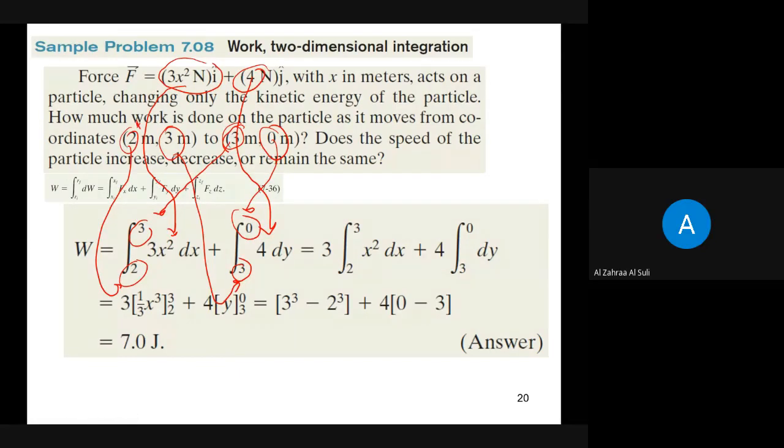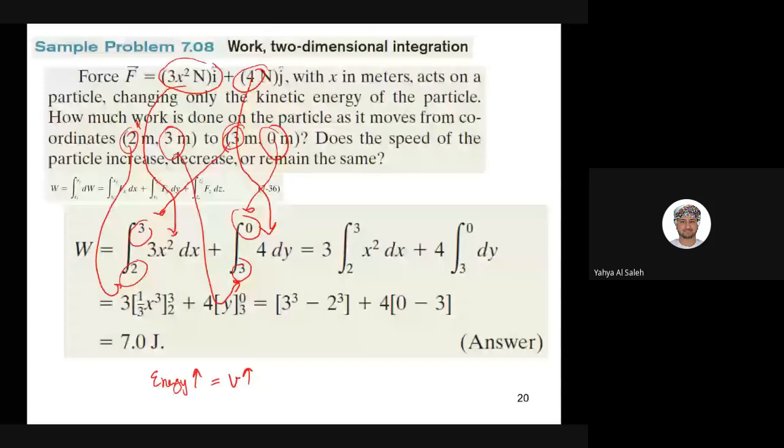Increase. It increases, right? We're giving it extra energy. So more energy equals more velocity. Good.